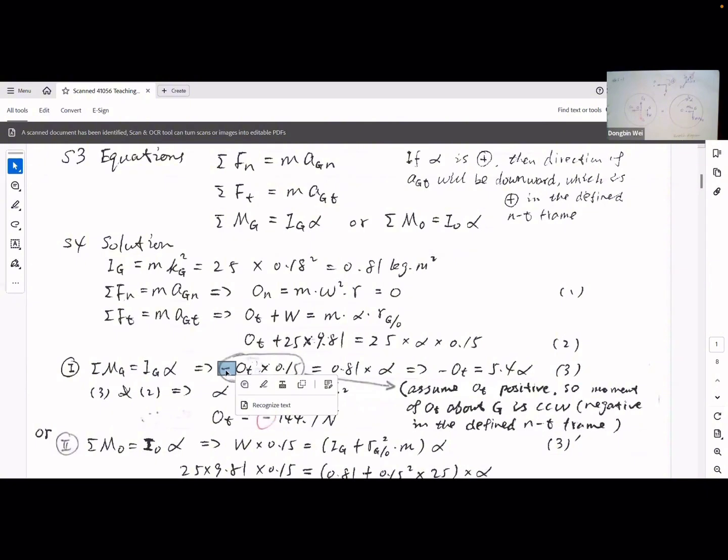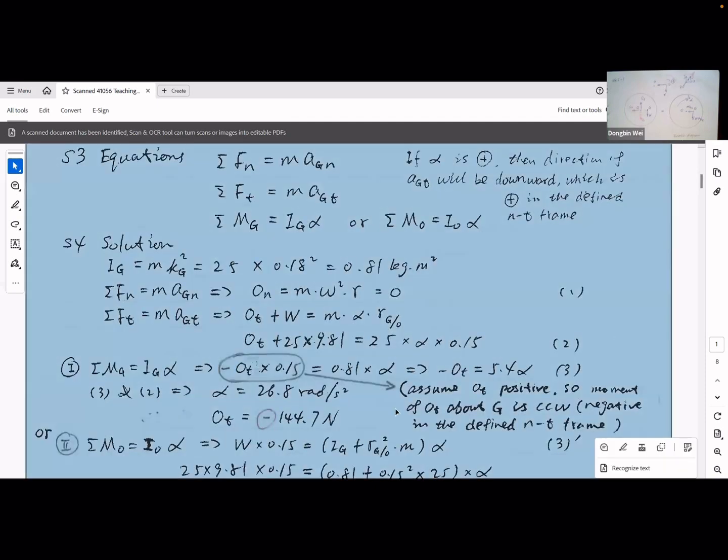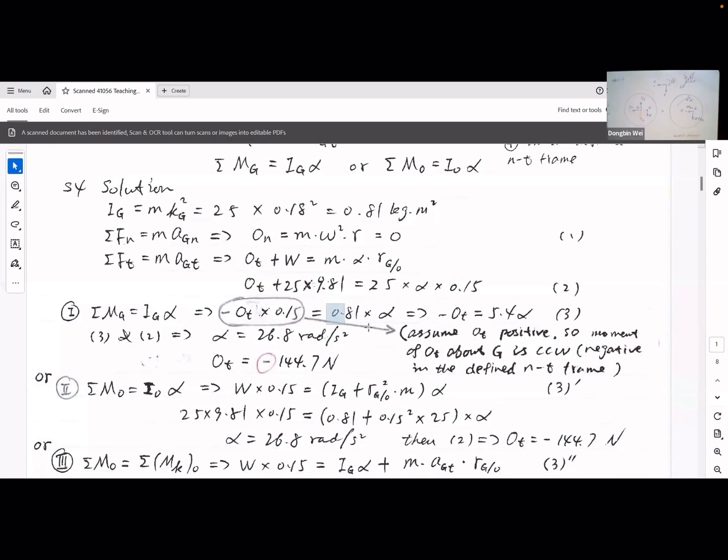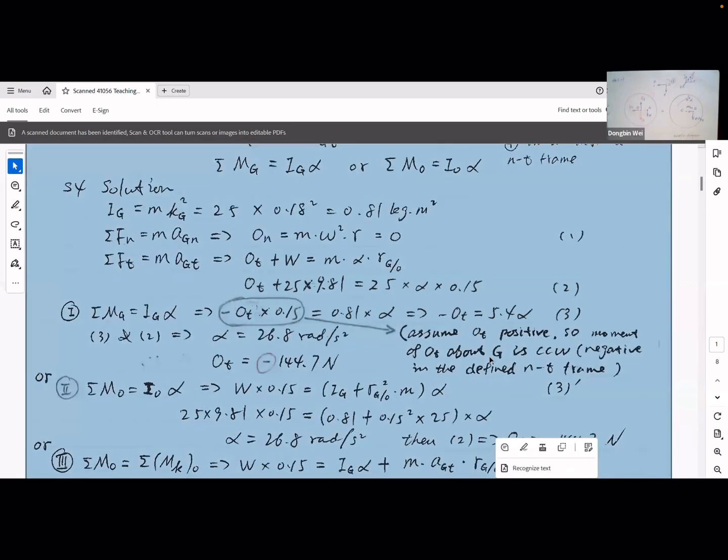This negative sign is not for OT, but for the moment generated by OT. On the right side, Ig alpha. Alpha is unknown. Now we have two useful equations, equation 2 and equation 3. Two unknowns, OT and alpha.